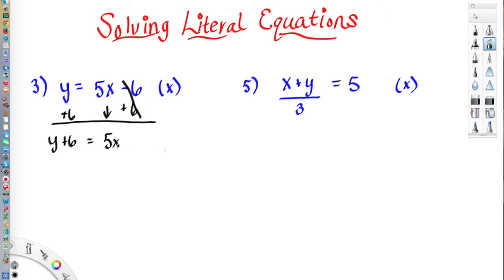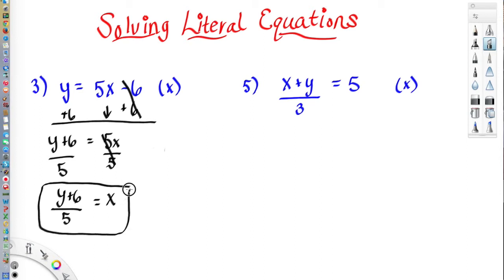Well, x is being multiplied by 5, and what's the inverse of multiplying by 5? Divide by 5, and what I do to one side, I'll do to the other. The 5's cancel each other out, and x is equal to y plus 6, all divided by 5. And I can't really simplify that anymore.